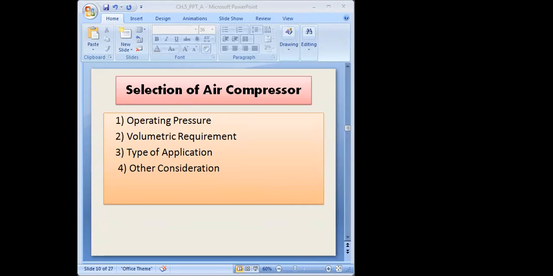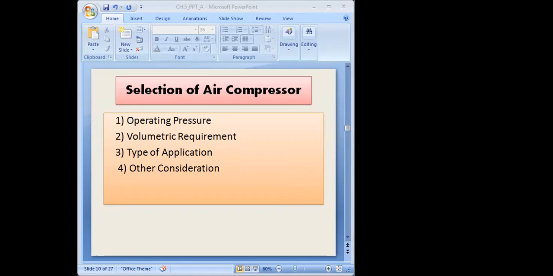See, the main difference between pumps and compressors is that the fluid delivered by the compressor is air, and that air is compressed. That air is under pressure at the time when it is delivered.